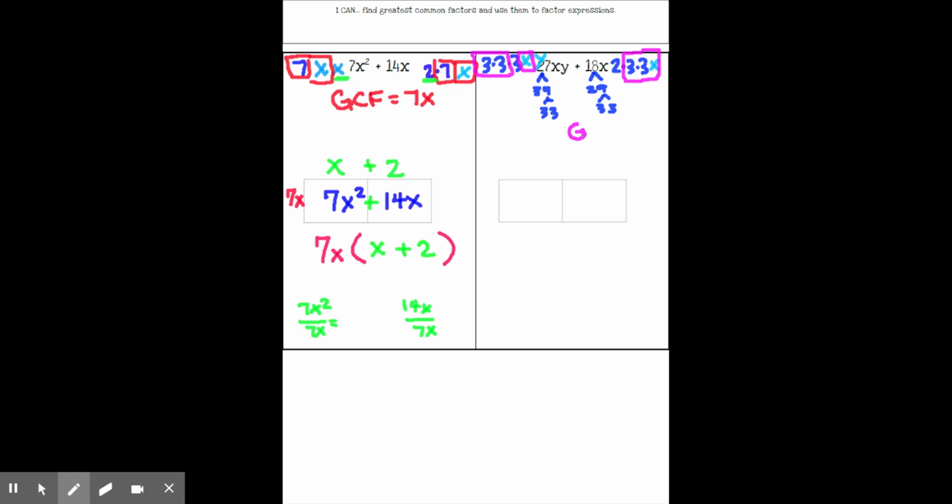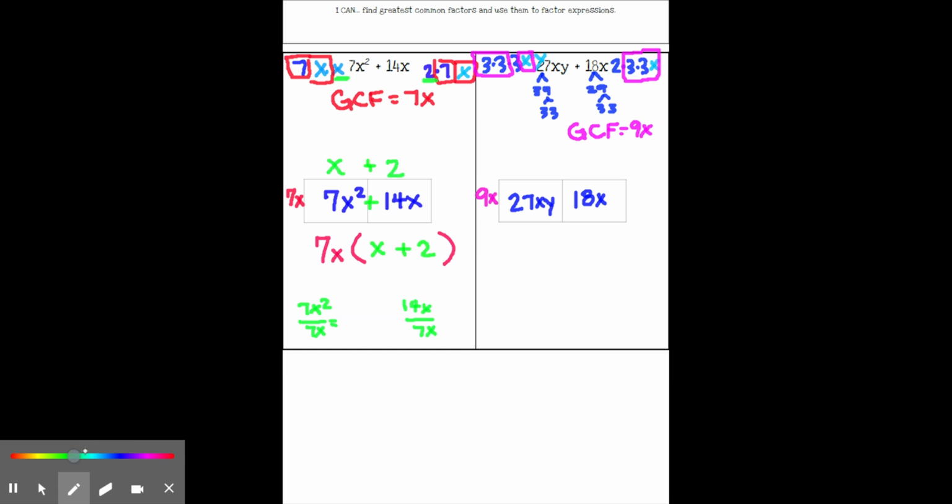So our GCF is 3 times 3, which is 9, and x. So factoring using our box, we're going to write our polynomial in the box, 27xy and 18x. Our GCF goes out in front, 9x.